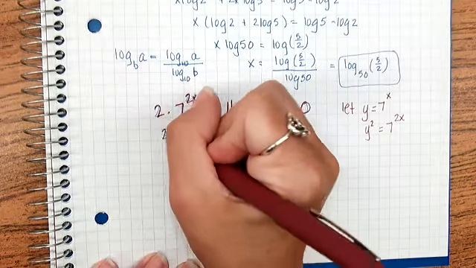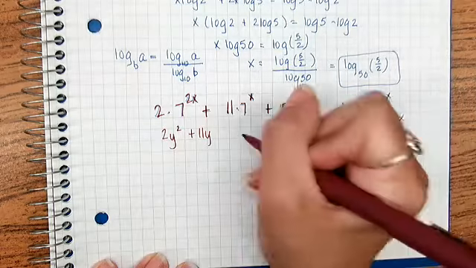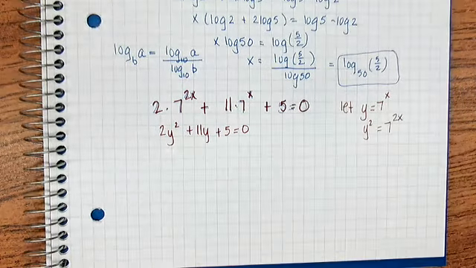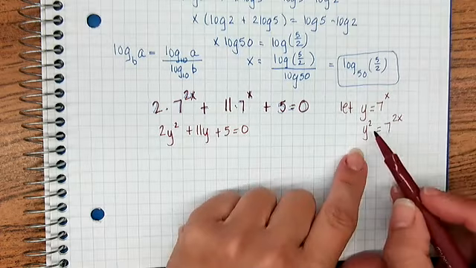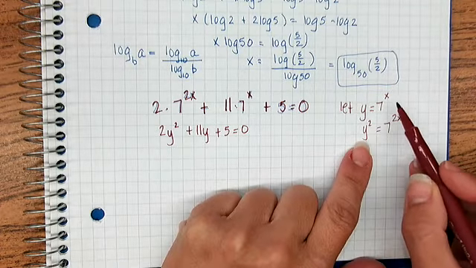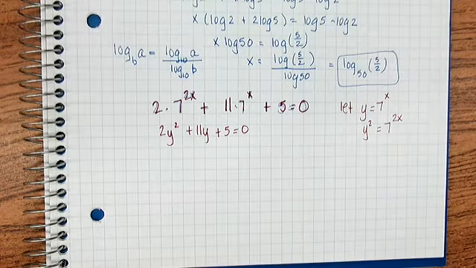So essentially, this is just a quadratic. This is 2y squared plus 11y plus 5 equals 0. This is just a quadratic. So again, how did I get that y equals 7 to the x? I just chose y equals 7 to the x. And how is it that y squared is 7 to the 2x?